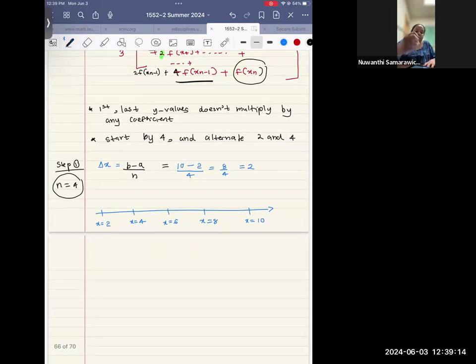And in Simpson's rule, like the trapezoidal rule, we have to use all the points.